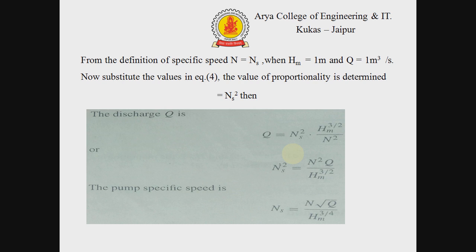Now substitute the values in equation 4, then the value of the proportionality constant is determined, which equals Ns². Then discharge Q = Ns² × Hm^(3/2) / N², or Ns² = N²Q / Hm^(3/2). So the pump specific speed Ns = N√Q / Hm^(3/4).